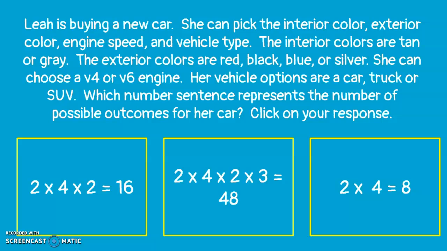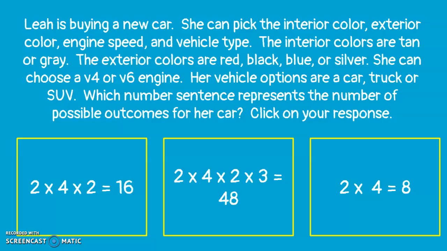So which number sentence represents the number of possible outcomes for her car? Well, let's think about how many choices she needs to make. She needs to choose, if we look in the second sentence, an interior color, an exterior color, an engine speed, and vehicle type. That's 4 different things that she needs to pick out.